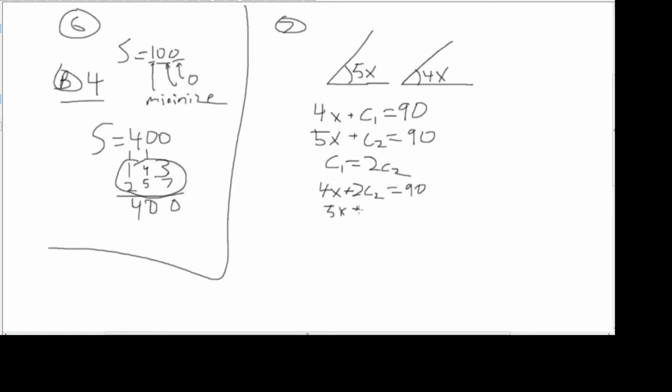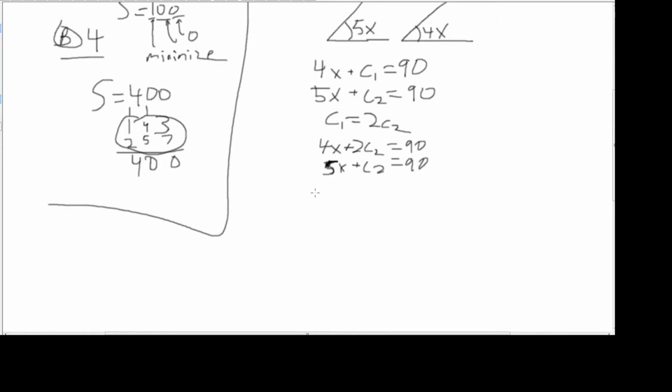I usually like to eliminate, so, sorry if that looks like a 3, but it should be a 5. I'm going to turn this into, try and eliminate this, plus 10x.